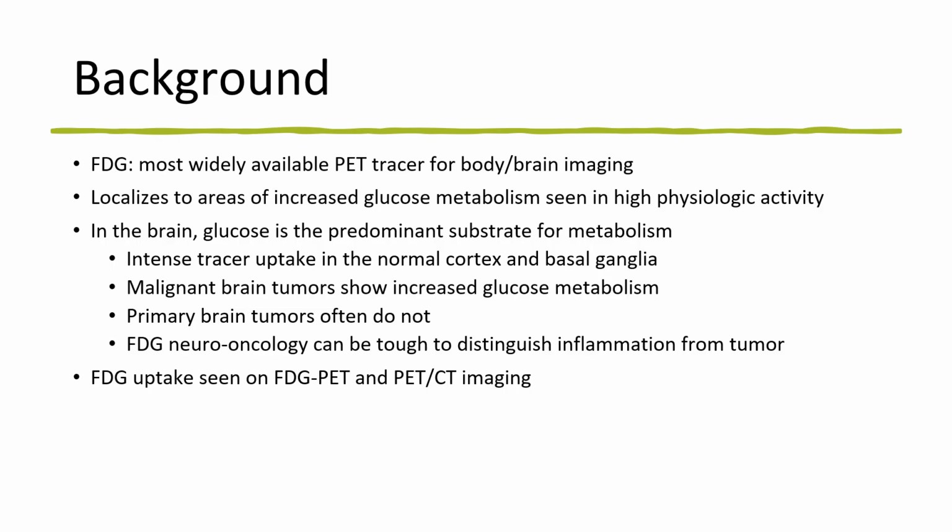Even certain over-the-counter, prescription or illegal drugs will impact the glucose metabolism of the brain. Even dietary issues, nutritional deficiencies, things like that. And FDG uptake can be seen on PET-CT and FDG PET imaging.